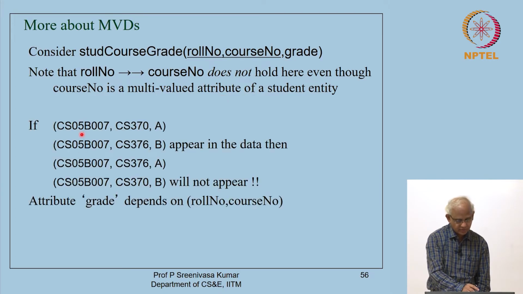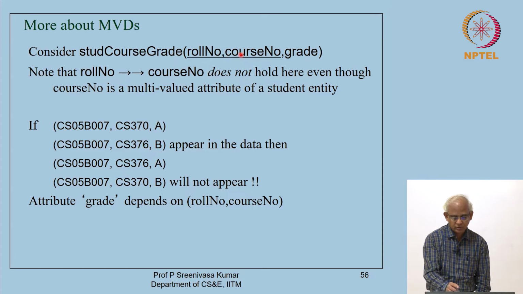So, in this case let us say same student. If you have 370 and grade A, 376 and grade B, if these two things appear, it does not mean that the swapped tuples should appear, because they are actually dependent. The grade is in fact dependent on roll number, course number.